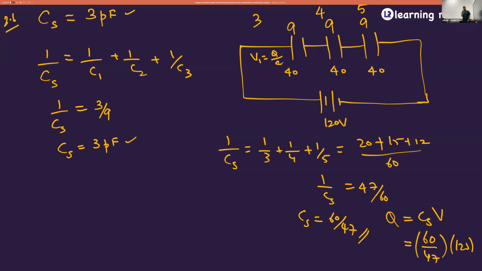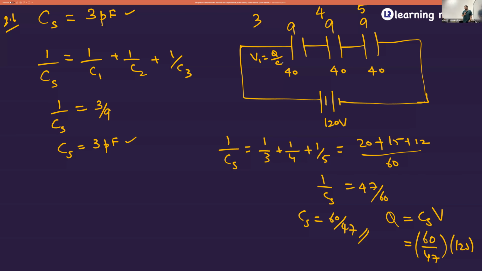So this is an important point. The most common mistake they'll do is they'll divide this by 3. Don't do that. So V1 will be equal to Q divided by C, which is 3. Similarly, V2 is Q divided by 4, and V3 will be Q by 5. This is how you find.